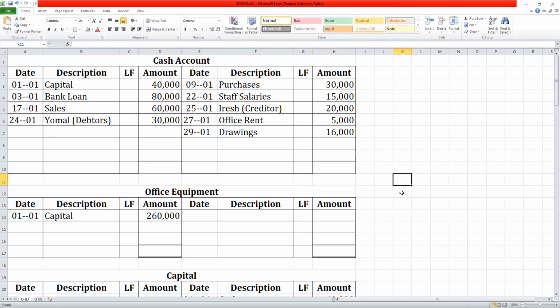Is that clear to you? Drawings 16,000, a payment. It decreases your assets. Asset decreases, credit. Write it down first. Credit the cash account. Okay?